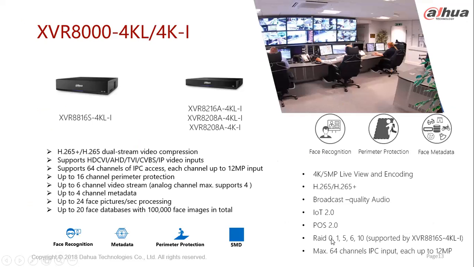It supports RAID configuration, which we talked about, and you can do 64-channel IP cameras, each up to 12 megapixels. So it's a very high-end recorder. Apart from doing 16 channels, you can have 64 more IP cameras.